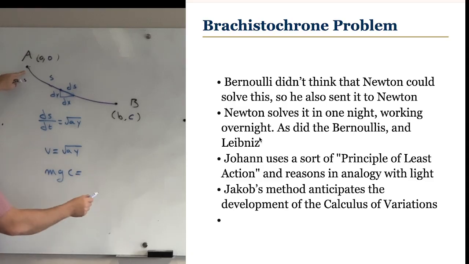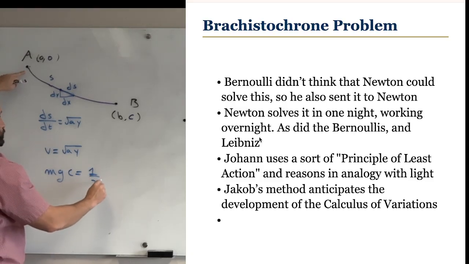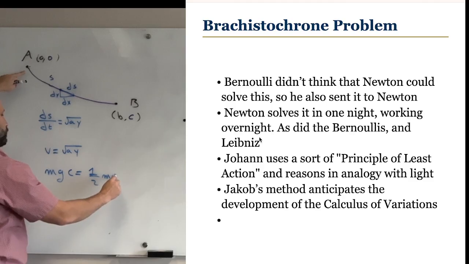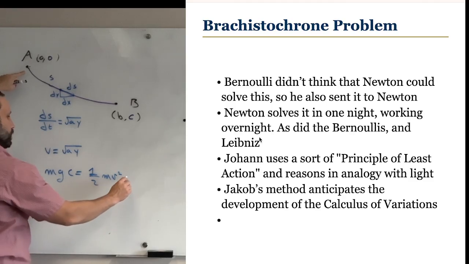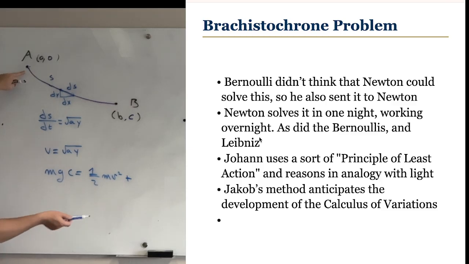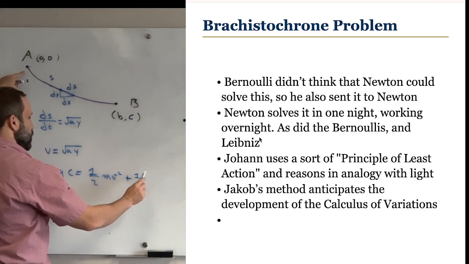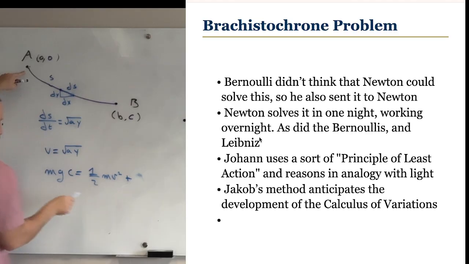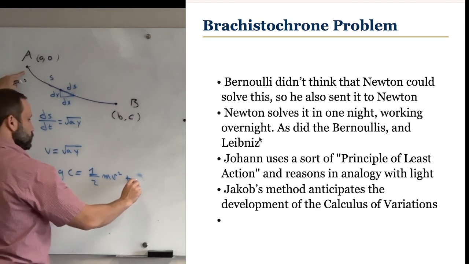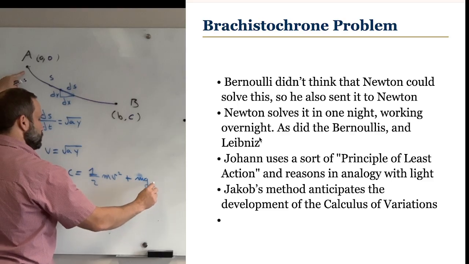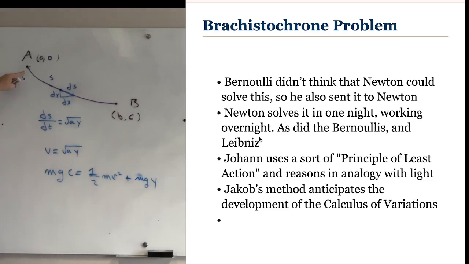And this throughout the entire thing is always going to be equal to the kinetic energy, which is 1/2 mv squared, plus the potential energy, which is going to be equal to m times g times y.